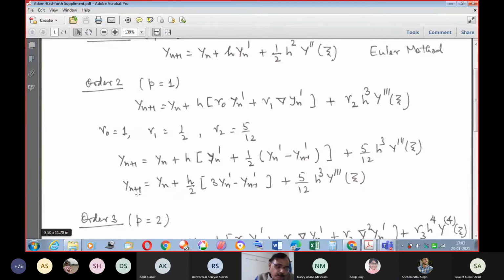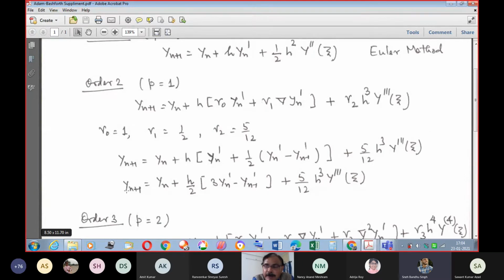You see, there is a point. It is a second order method, right? Suppose it is a first order method. What is the difference between a first order method and a second order method? In terms of the error, the error for the second order method is less compared to first order.